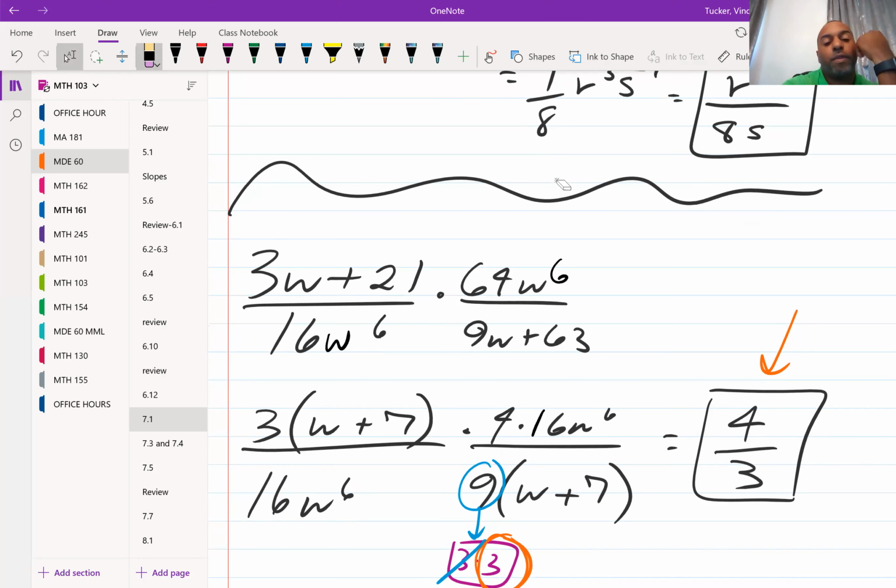I factored out 3 from the first numerator, 3 times (w + 7). Now I have 16w to the 6 in that first denominator, so I decided to write this 64 as 4 times 16. So I can cancel out that whole 16 that's in the denominator. Then I factored out 9 from the last one, giving me w + 7.